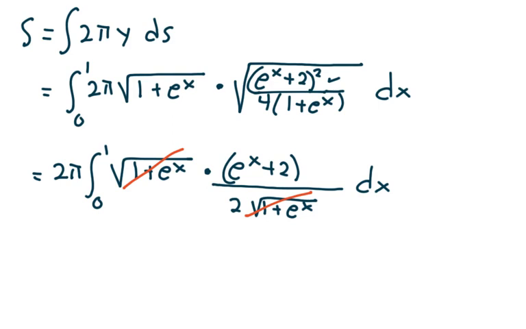The square roots of 1 plus e to the x cancel. The 2's cancel. And so what you have is pi times the integral from 0 to 1 of e to the x plus 2 dx, like so. And so this is pi times e to the x plus 2x evaluated from 0 to 1.